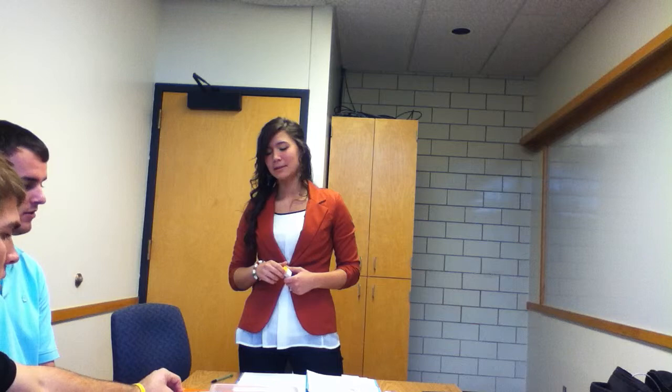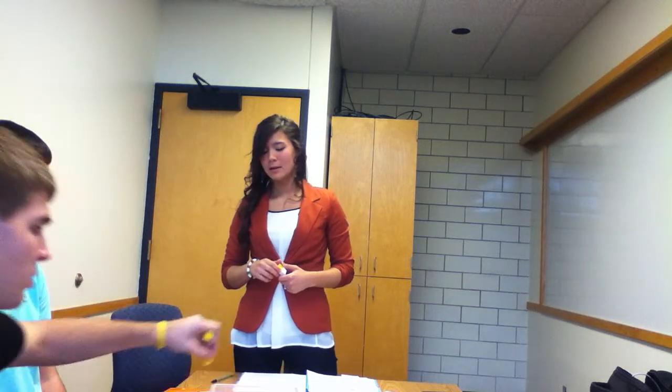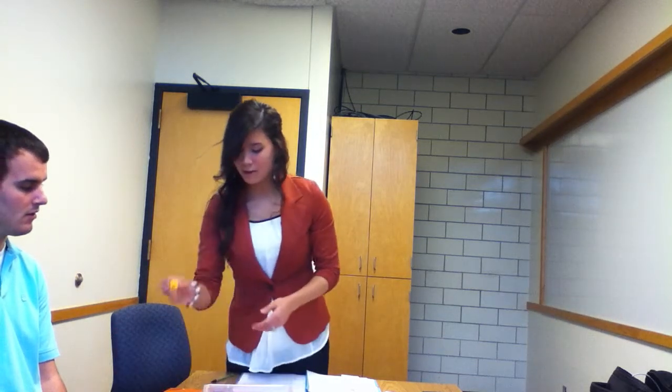Okay, so how can you make it fair? Well, you could give one to this group, or you could take one away from this group, and then they both get 2. Okay, so if you gave one to this group, what kind of number would that be?